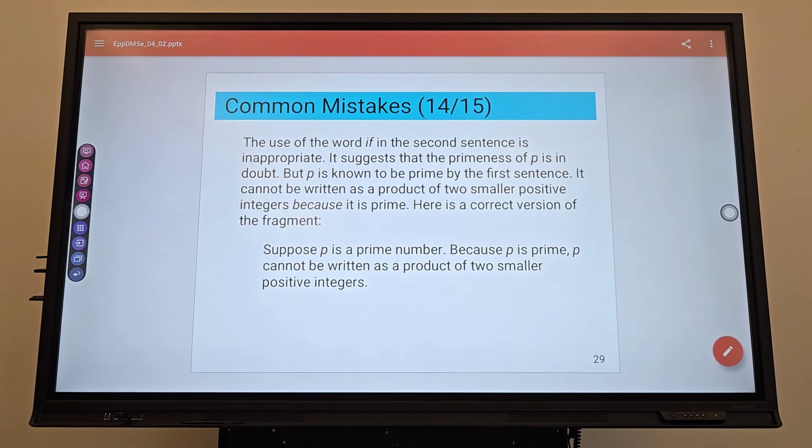The use of the word if is inappropriate. Correct version of the fragment. Suppose p is a prime number. Because p is prime, p cannot be written as the product of two smaller positive integers.